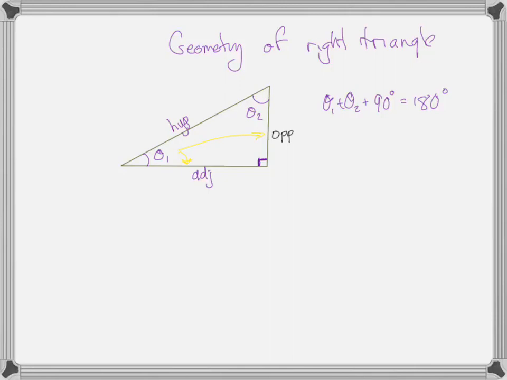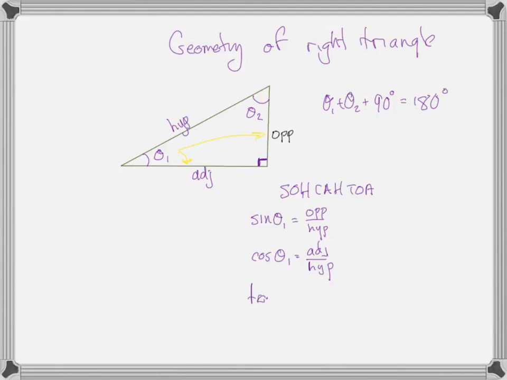It's that old saying called SOHCAHTOA. We use this all the time in physics. SOHCAHTOA. What does that mean? It means that the sine of an angle, in this case theta 1, is equal to the opposite over the hypotenuse. It means CAH, the cosine of the angle theta 1 is the adjacent over the hypotenuse.